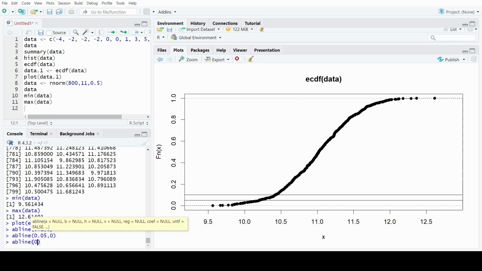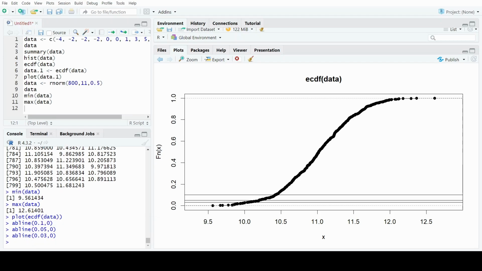AB line 0.03 comma 0. Okay, so if you look in there, it looks to me like 10 seconds lines up with 0.03. What does that mean? That means that this student is not among the top 3% of finishers.